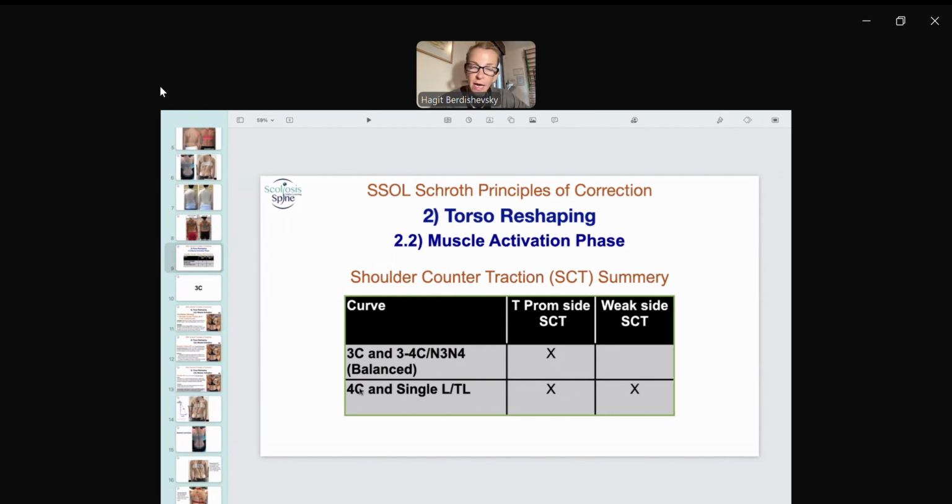This is the only curve, if you think about it, the 4C, that has thoracic and lumbar in it, for sure. And the single lumbar or single thoracolumbar only has lumbar. So these are both primary lumbar. And they're practicing shoulder counter traction on both the thoracic prominent side and on the weak side, bilaterally.